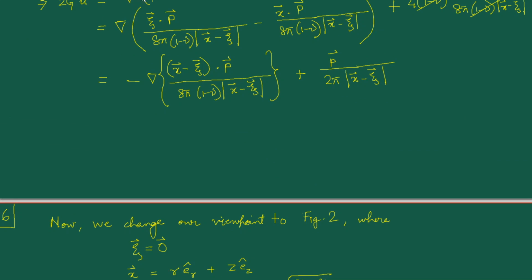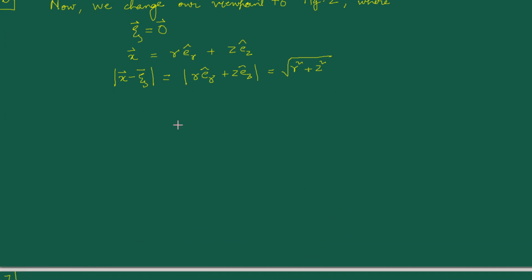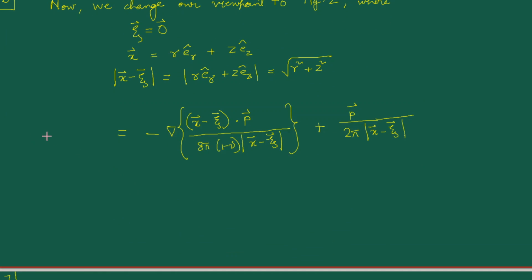Let me copy this. So this is my twice G U vector. This now becomes minus gradient of, this x vector minus y vector as I've written here, R ER vector plus Z EZ vector, dotted with, what is my P vector?